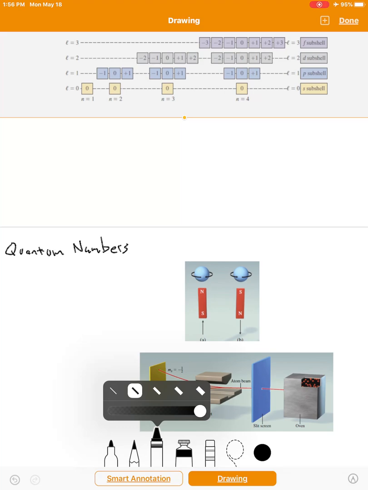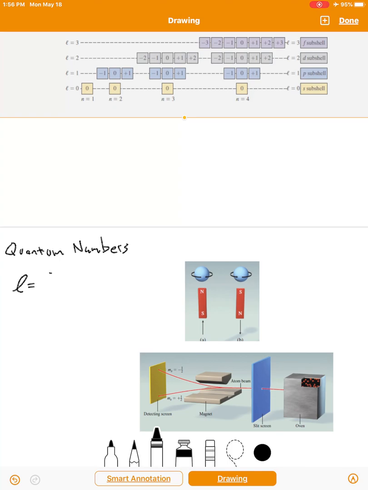If we're talking about L equals 0, let's do it over here. If we're talking about L equals 0, we're going to call that a subshell, and we're going to call it the S subshell. And if L equals 1, we're going to call that a P subshell. If L equals 2, we're going to call it a D subshell. And if L equals 3, we're going to call it an F subshell.